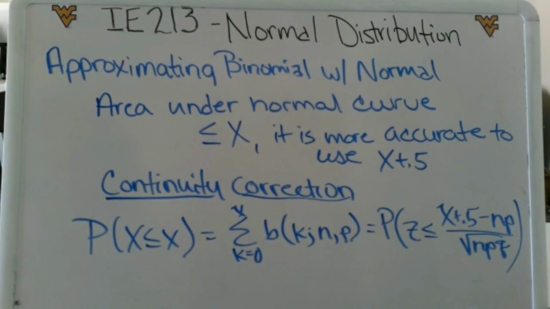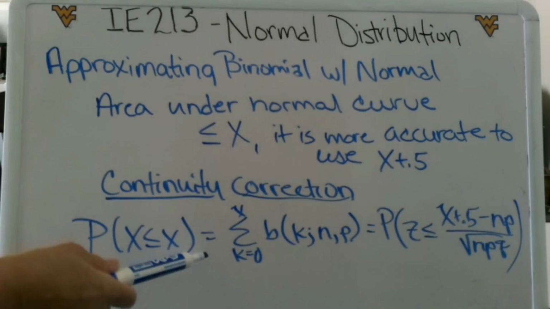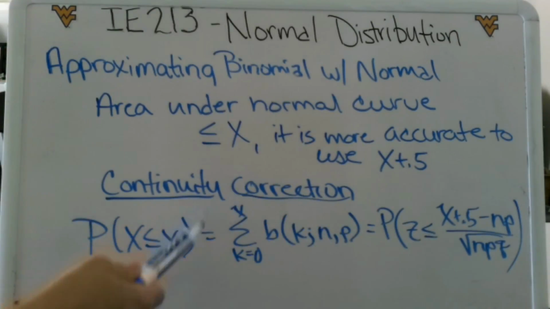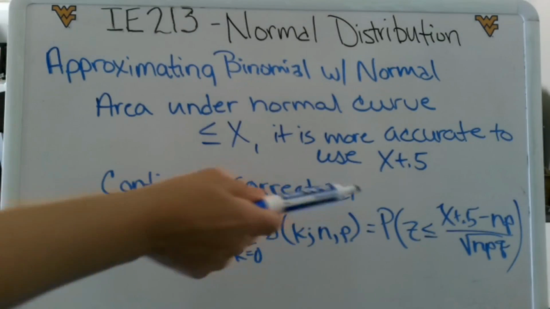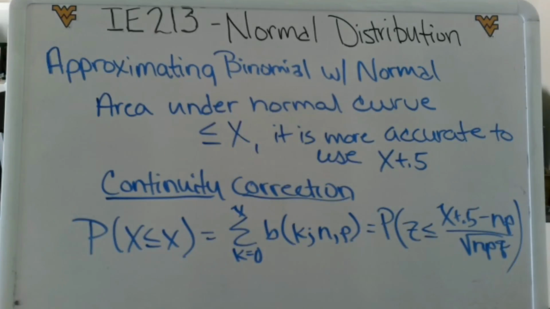And so we can write this as the probability that X is less than or equal to little x for the binomial is equal to z less than or equal to x plus 0.5, the continuity correction, minus np over the square root of npq. And we just demonstrated that in our example.